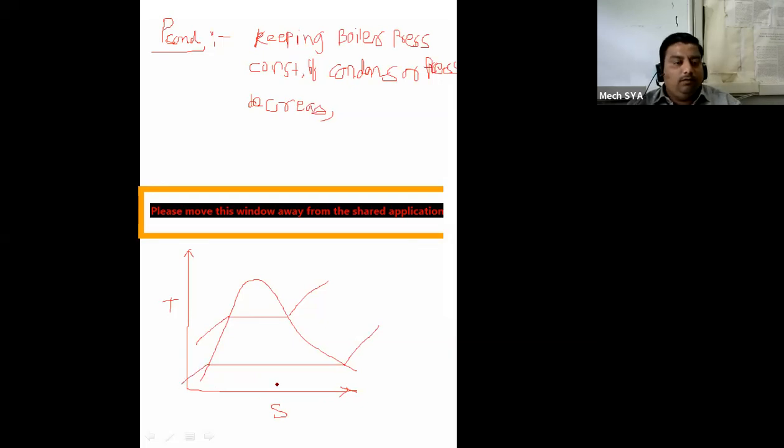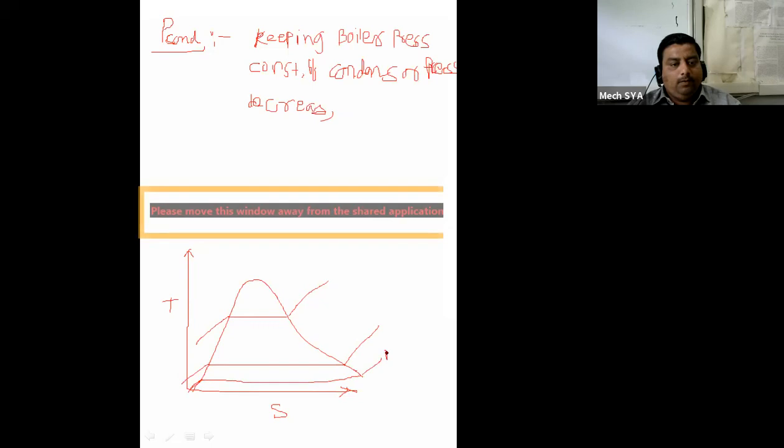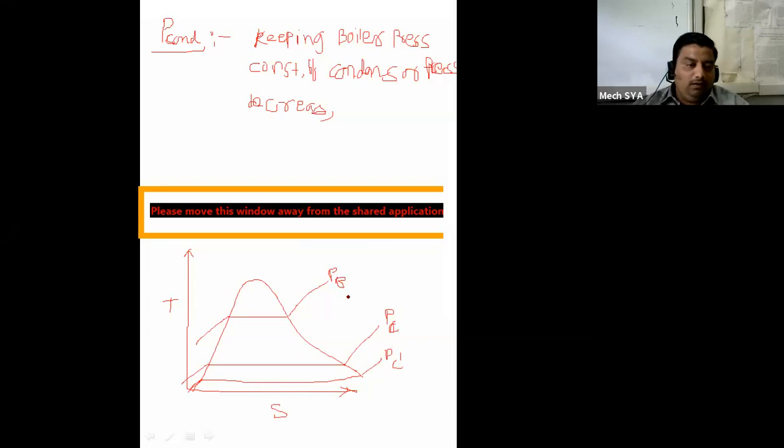Keeping boiler pressure constant, condenser pressure is decreased. Let us consider this condenser pressure is decreased. P_C dash is the new condenser pressure. This is the original condenser pressure P_C, and the original boiler pressure is P_B. Now let us consider the first cycle, the theoretical or initial cycle.